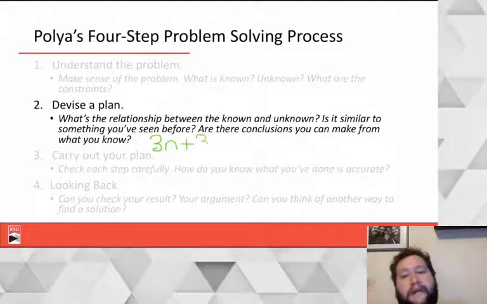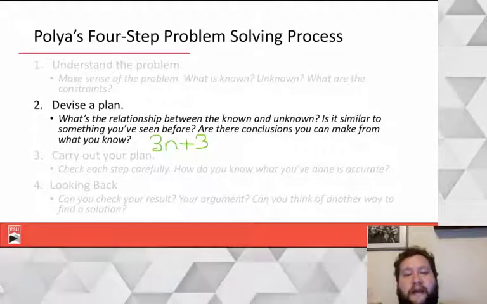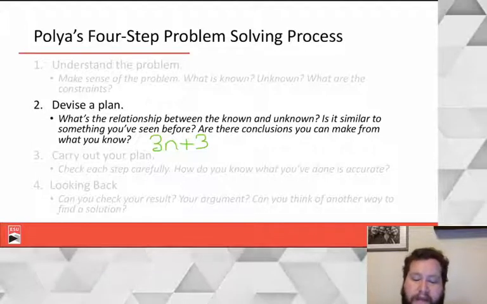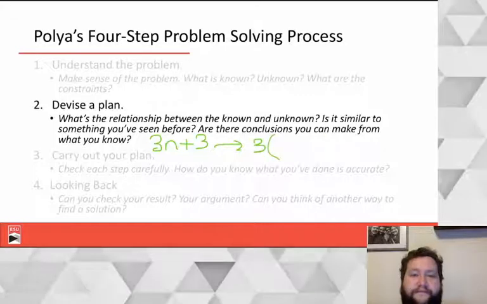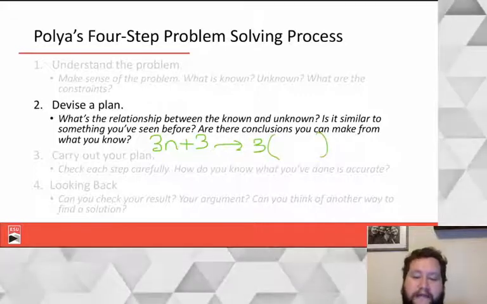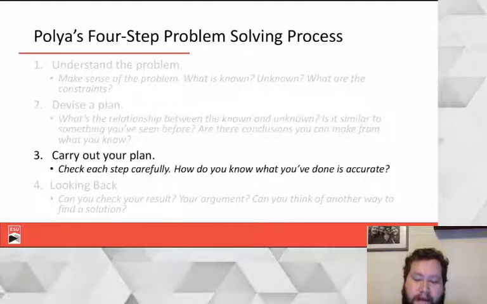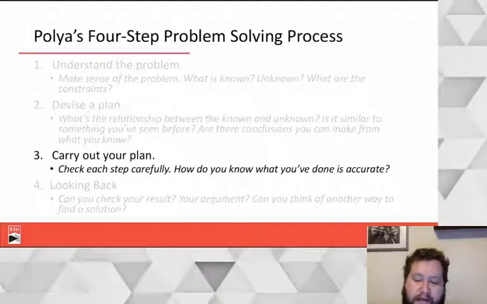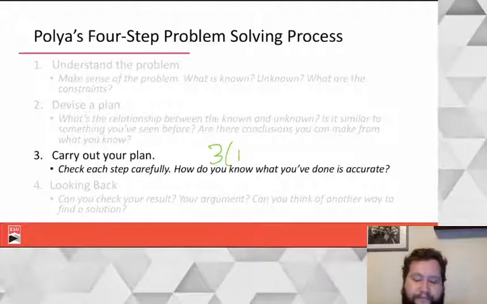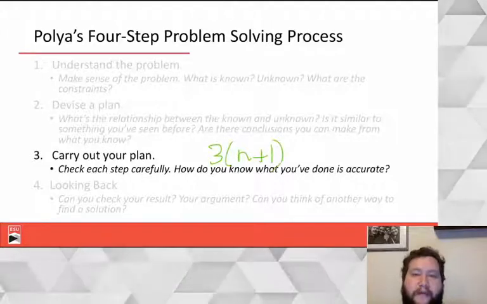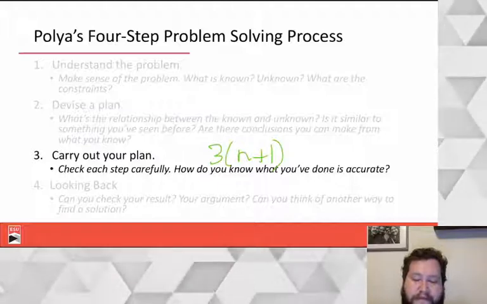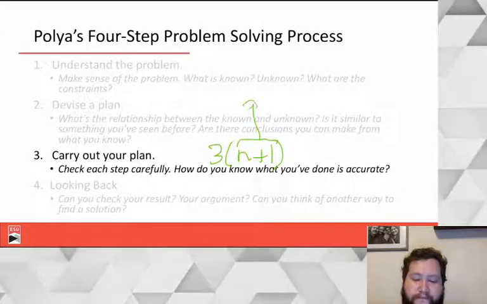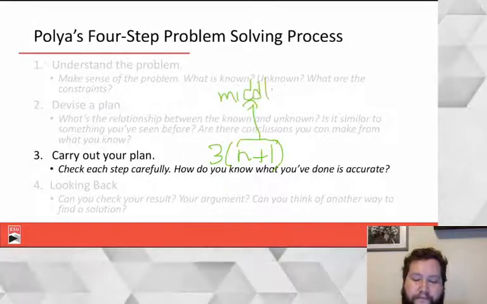And we knew our claim said that it was 3 times the middle number, so we wanted it to look like 3 times something. And so we carried out our plan, and we ended up getting 3 times n plus 1. And when we look back, we were like, ah, look at that. n plus 1 was that middle term.